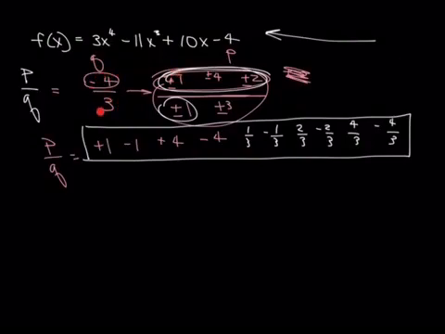I write all of the factors of 3. Fortunately, 3 is prime, so I only have positive 1 times positive 3, negative 1 times negative 3. I write each one of the possibilities down here. So positive 1 over 1, negative 1 over negative 1, which is positive 1. Negative 1 over positive 1 is negative.